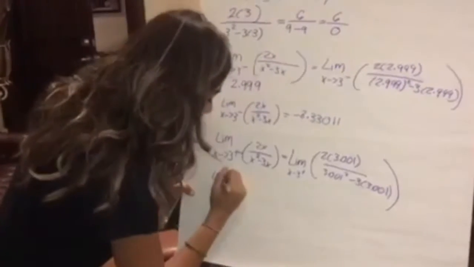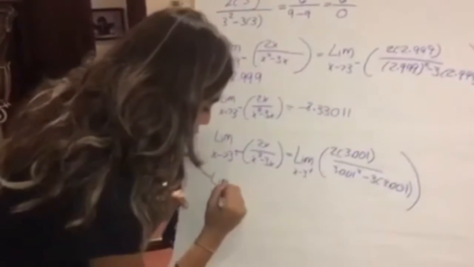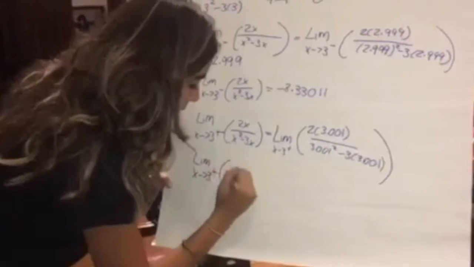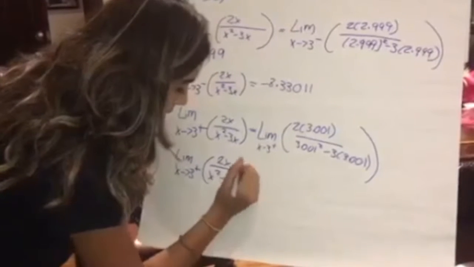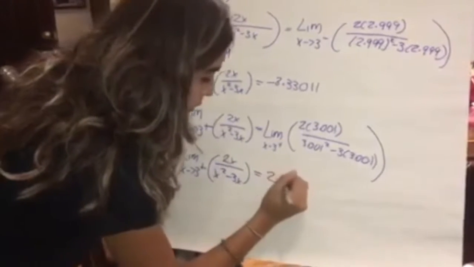So the limit of x approaching 3 from the positive side of the function 2x over x squared minus 3x equals 2000.